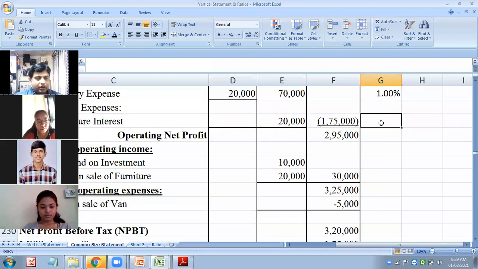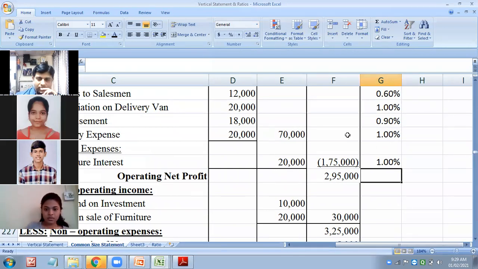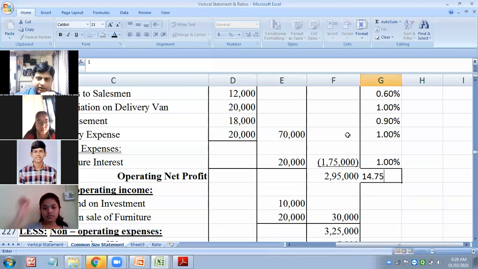Let me finish, then I will give you the things related to what is there in your textbook. 20,000 again came. So again it will be 1.1%. So 2,95,000 will be how much? 14.75%.